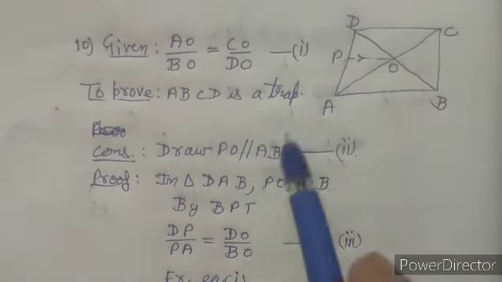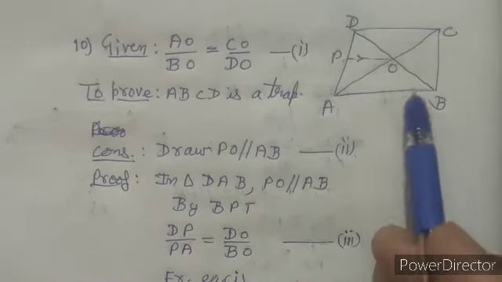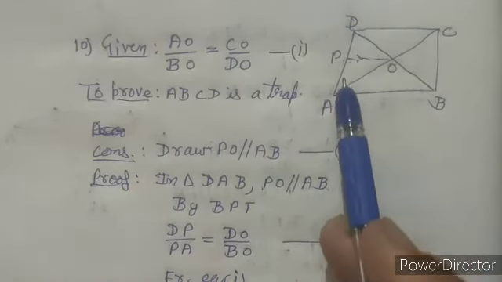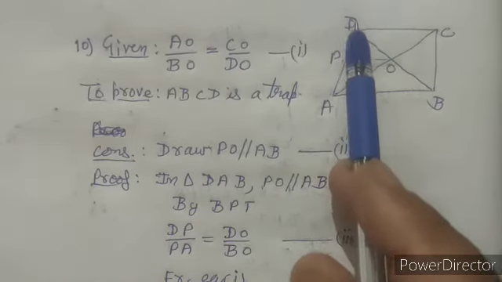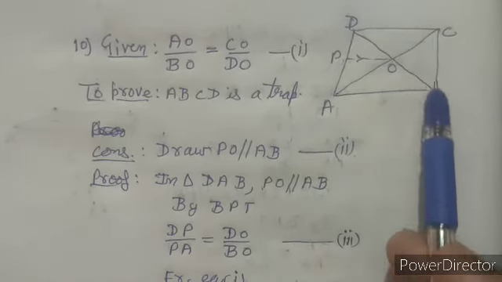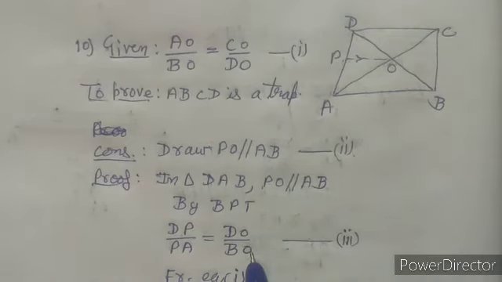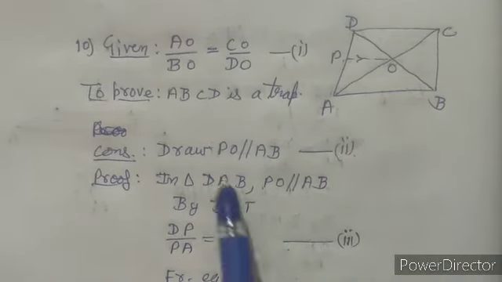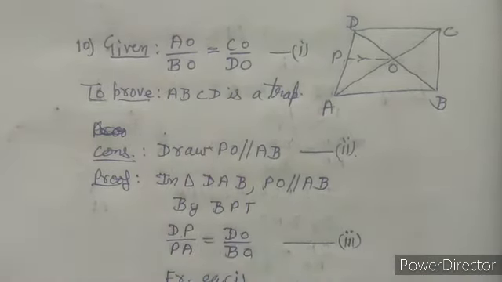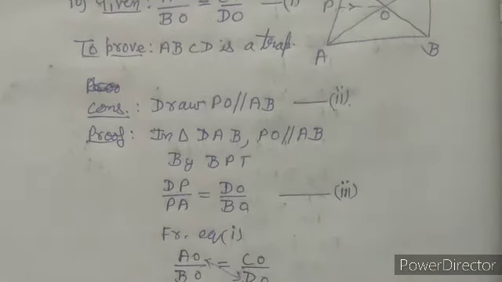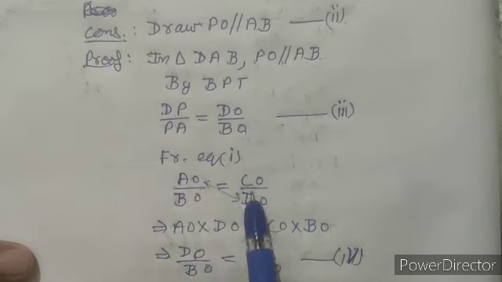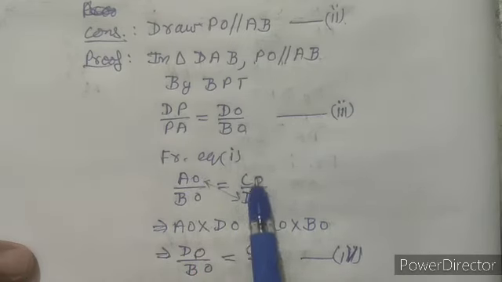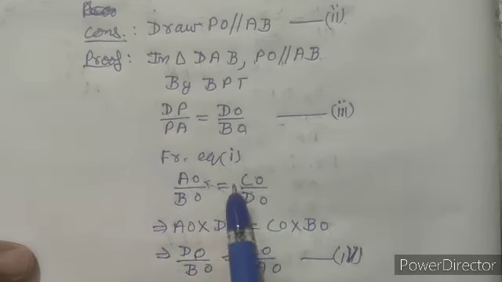Now if PO is parallel to AB, so in triangle DAB, DP upon PA will be equal to DO upon BO. That is equation third here. Now from equation first, AO upon BO is equal to CO upon DO, and this can be written as AO into DO equal to CO into BO.